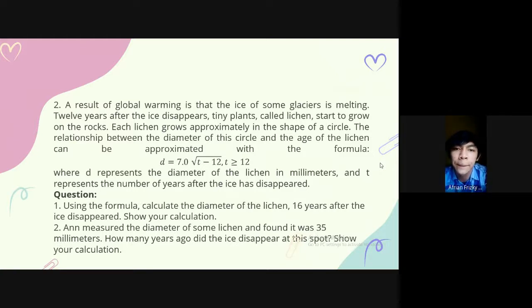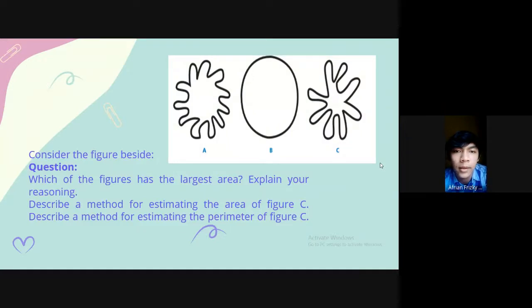Okay, next. The next is like this. We have the figures here, and which of the figures has the largest area? Explain your reasoning. Describe a method for estimating the area of figure C and describe a method for estimating the perimeter of figure C.